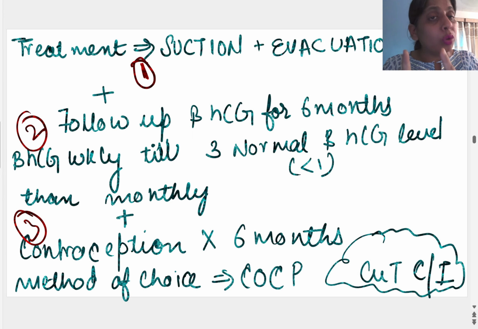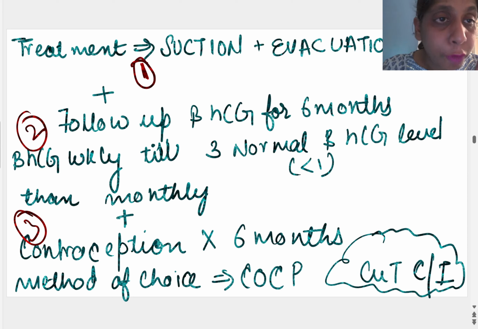Plus, now you know that this molar pregnancy can change into a malignancy, so beta HCG follow-up is a must. Beta HCG follow-up is done every week for 6 months, until the values are normal 3 times. Once the values are normal 3 times, then we do it monthly.